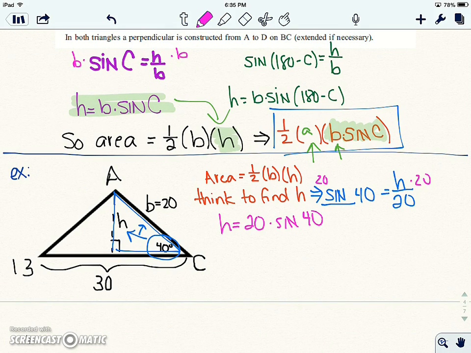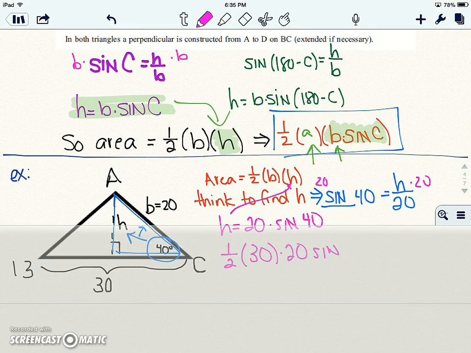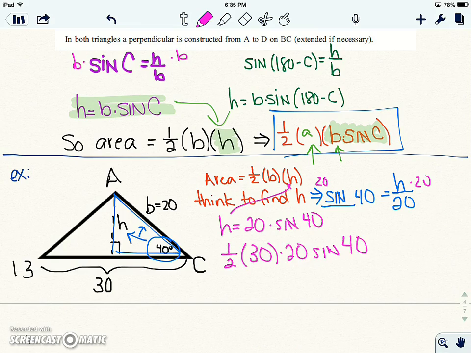Now, if we plug that into our original formula, that is 1/2 b, which is the base of the real triangle, which is 30, times 20, the sine of 40. And if you notice, that is 1/2, this is the base, b. Here's our a.